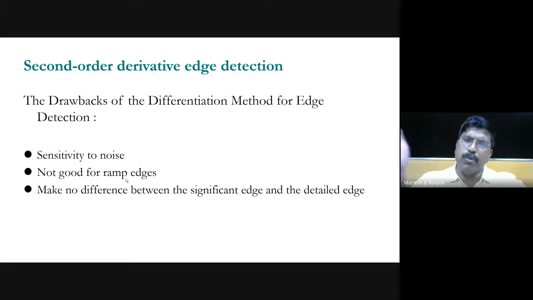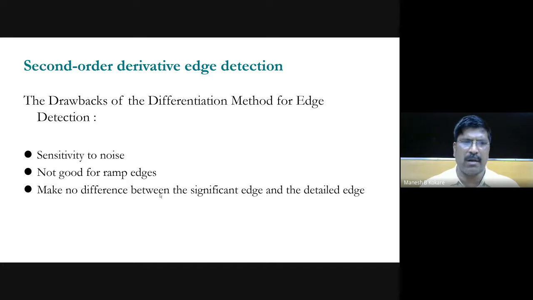That middle portion is the ramp edge. So in that case, this method is not good for detecting ramp edges, and makes no difference between the significant edge and the detailed edge. So these are the limitations of the second order derivative method, and this will be taken care of by using the optimal edge detection criteria. Optimal edge detection criteria is nothing but your Canny edge detector.